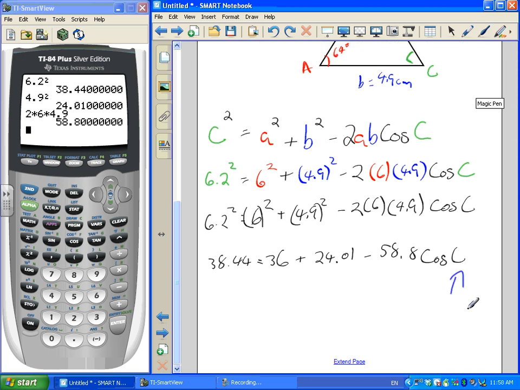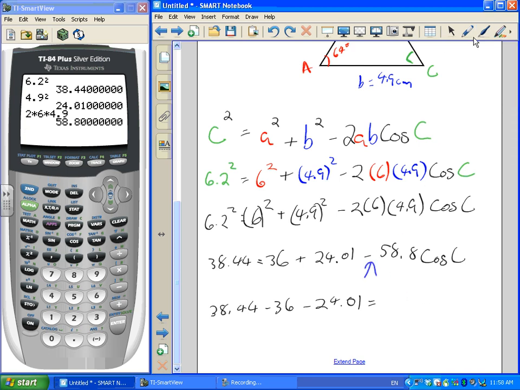Now, what we need to do here is we're trying to find angle C. So I need to isolate for this cos C. So what I'm going to do is take this 36, move it to the other side, and 24.01, move it to the other side. When I do that, they're going to become negative. So this side of the equation will say 38.44, subtract 36, subtract 24.01. Now this is very important. Equals. This is still a negative sign.